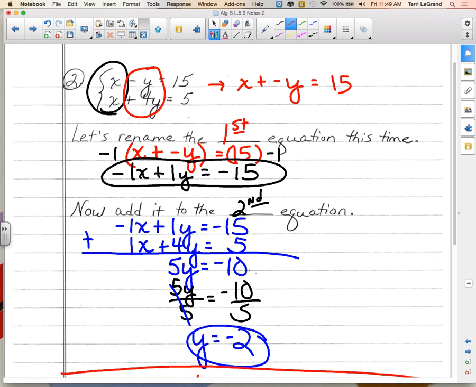If I multiply the first equation by -1, wouldn't that become a plus y? A negative times a negative would be a positive. So this would become a plus 1y. And then what would happen to this positive 4y if I multiplied it by -1? It would become a negative 4y, right?